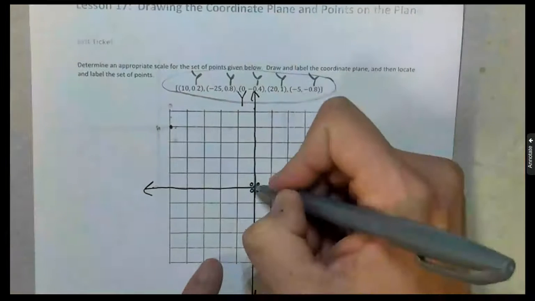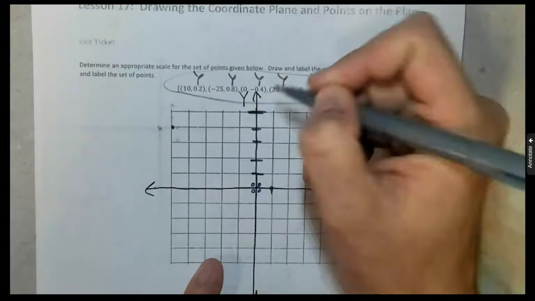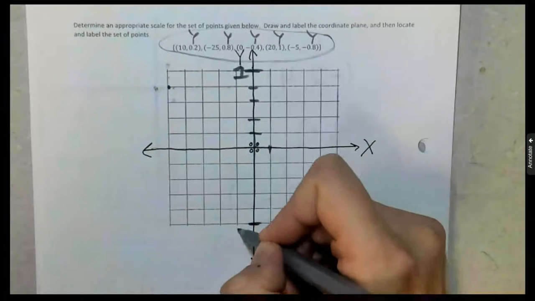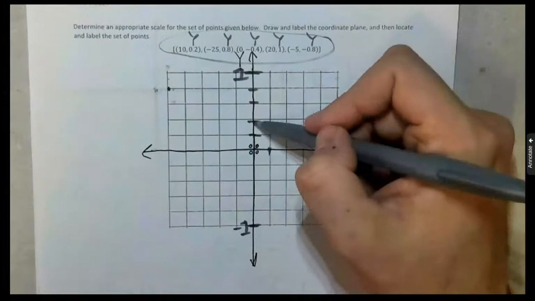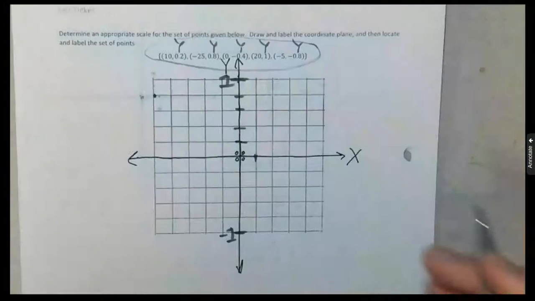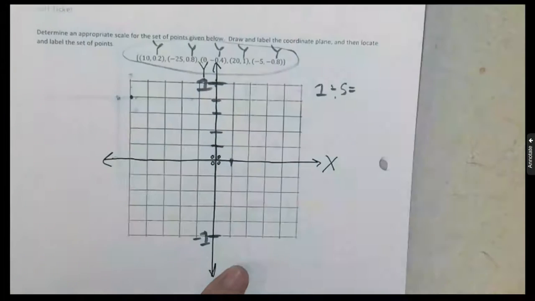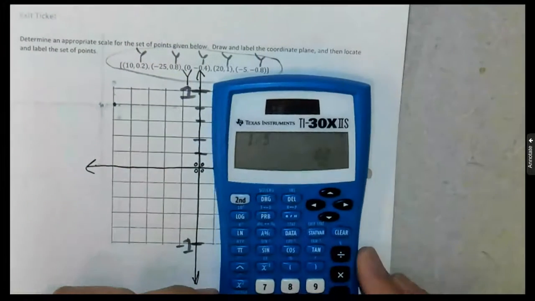So let's think about this. 1, 2, 3, 4, 5. If we put positive 1 right here, negative 1 is going to go right here, and then we've got to fill in the blanks. So we've got 5 spots, so we have to divide 1 equally into 5 spots. That's 0.2.